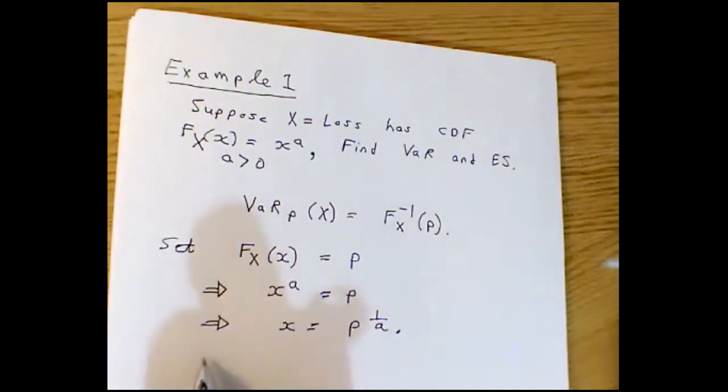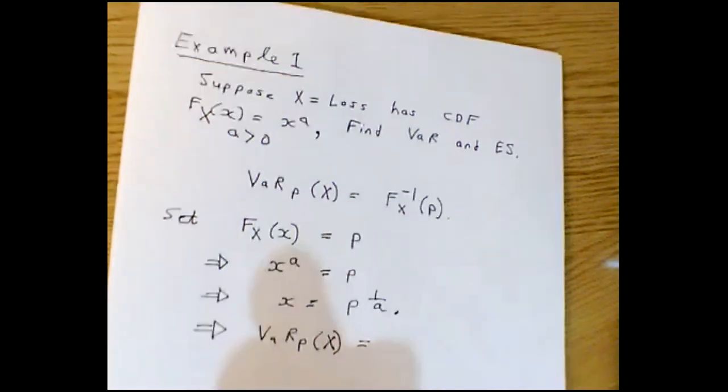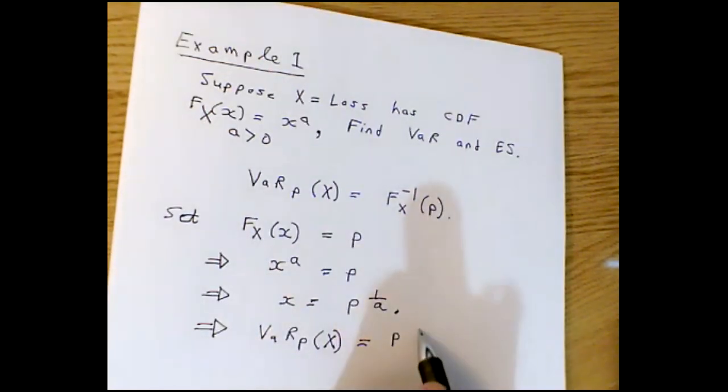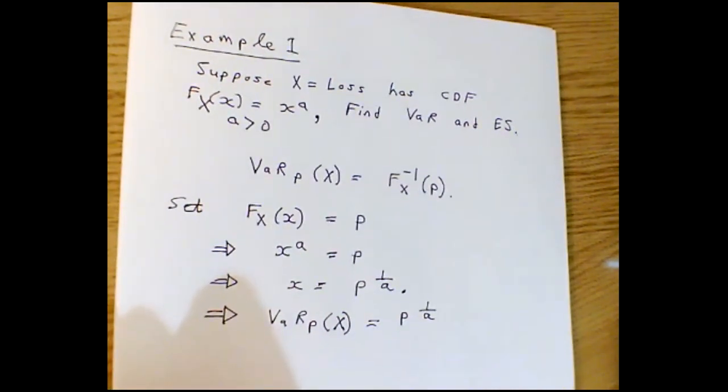So hence, the value at risk at p for the random variable X is equal to p raised to the power 1 over a.